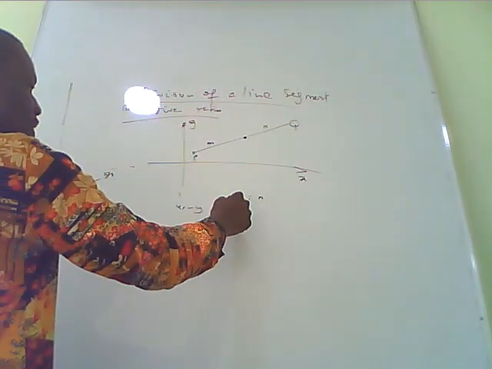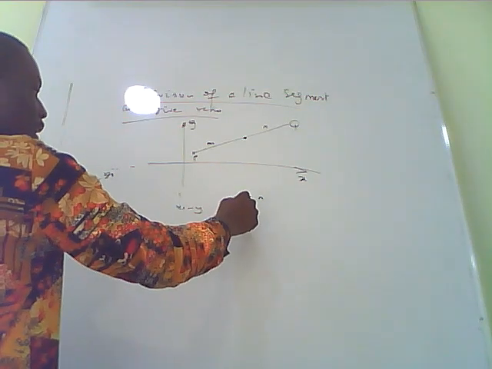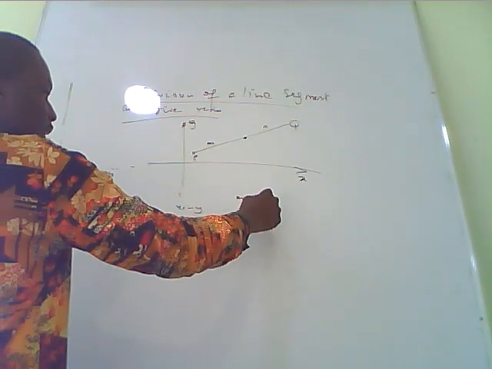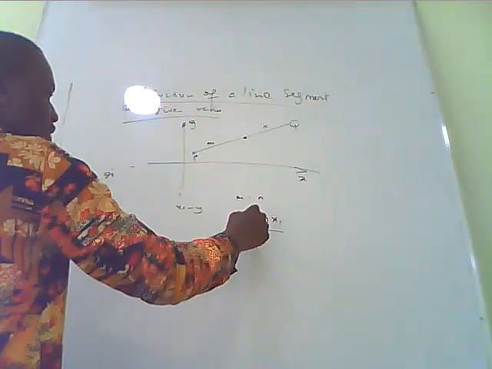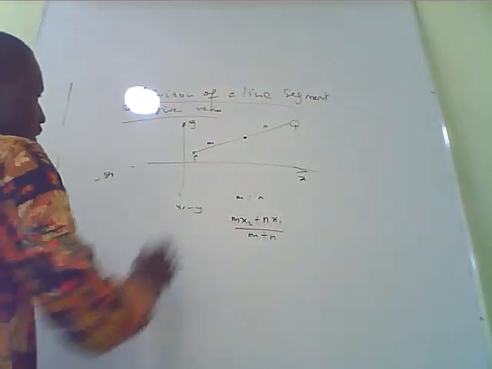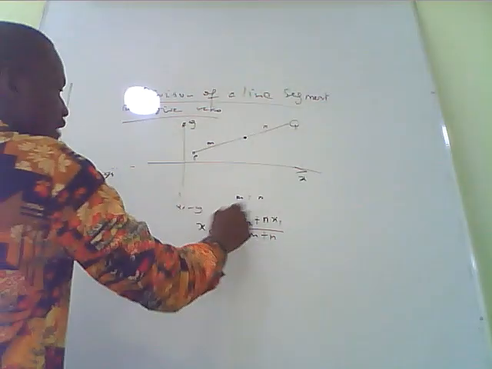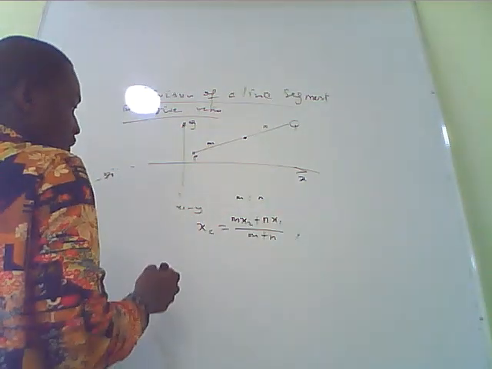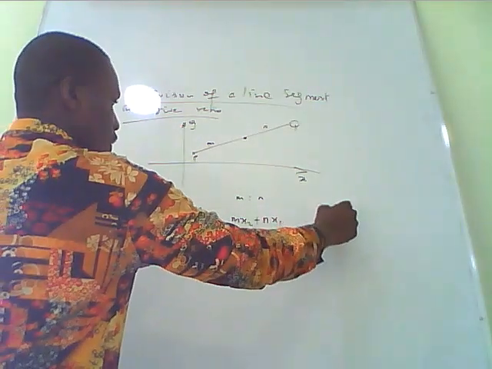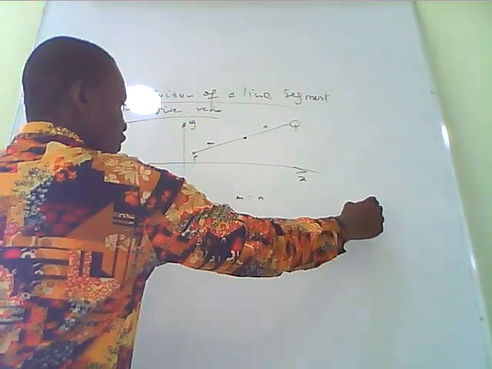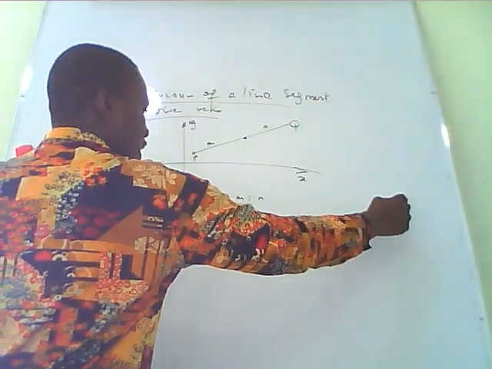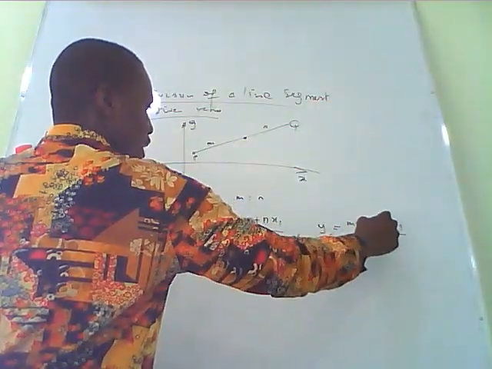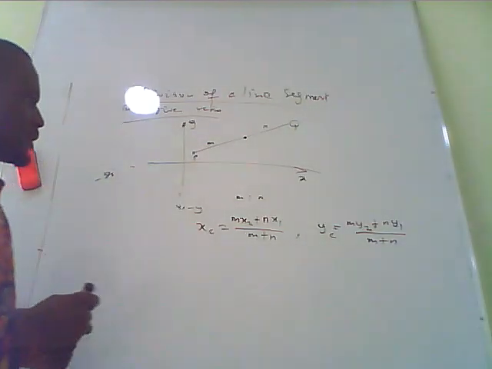The formula for us to get this point is going to give us (m x2 plus n x1) over (m plus n). That is for the xc. And for yc, we're going to have (m y2 plus n y1) over (m plus n).